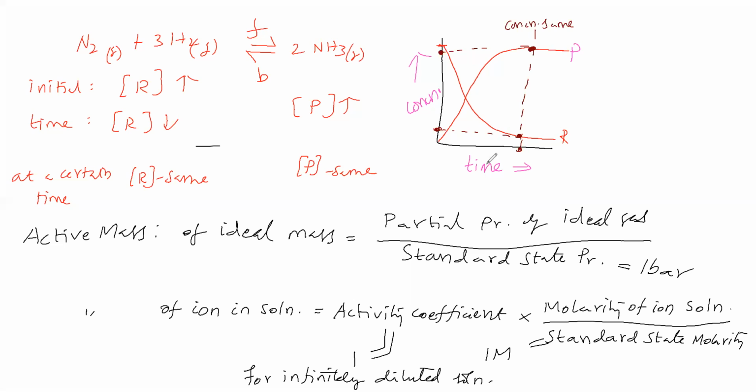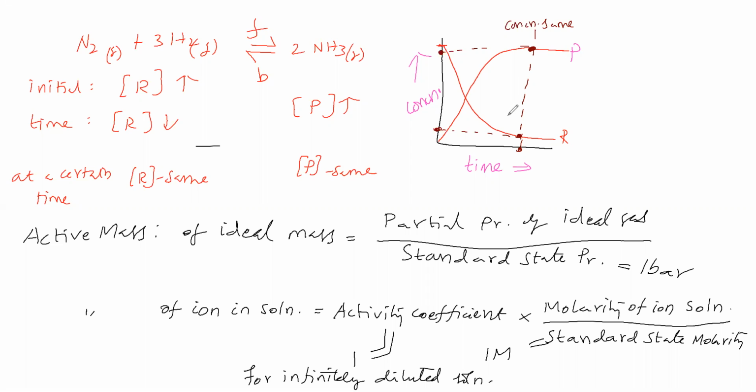Therefore, from a particular time onwards, the concentration of reactant remains the same and the concentration of product also remains the same. If we compare these two values, the reactant concentration is less than the product concentration.